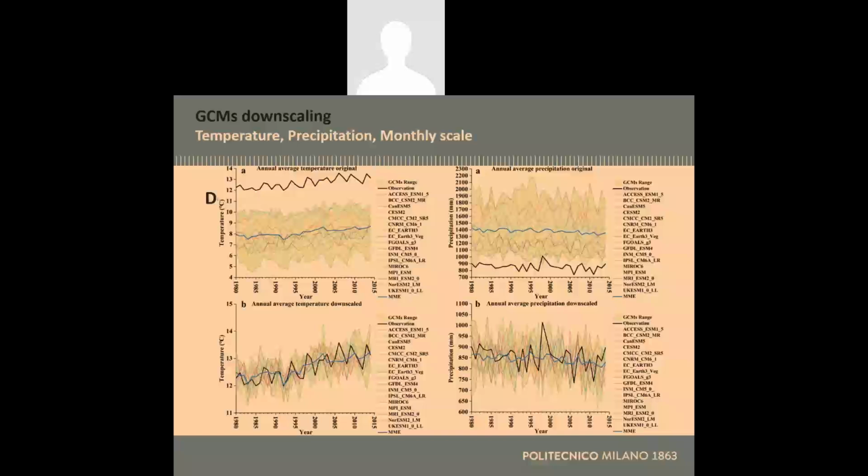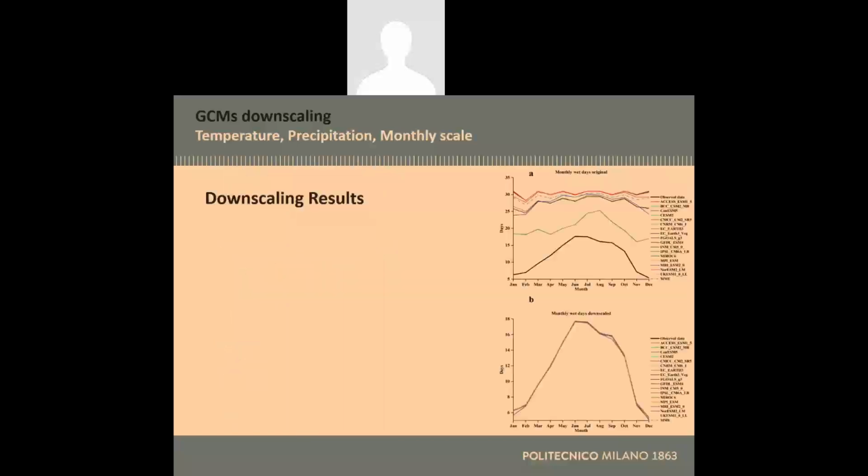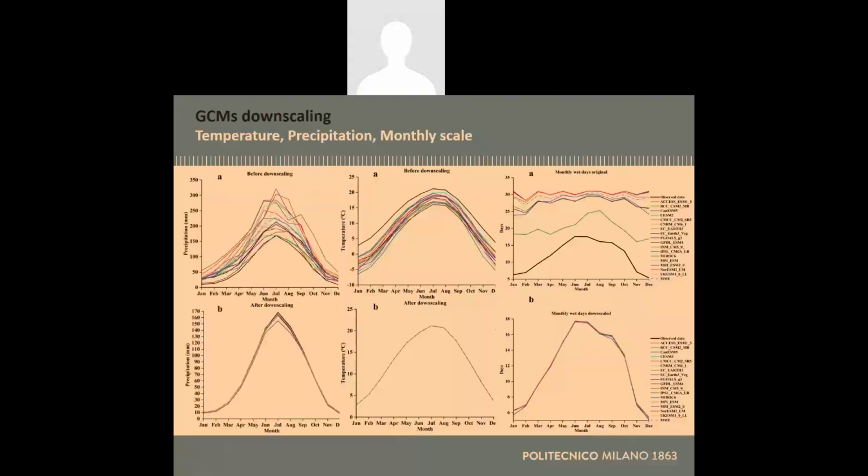This is for precipitation. This is the wet days. You can see that in whole months it is raining, but actually there's not much rain. Then after downscaling, it shows an acceptable result. It's very similar to the historical period of observation.